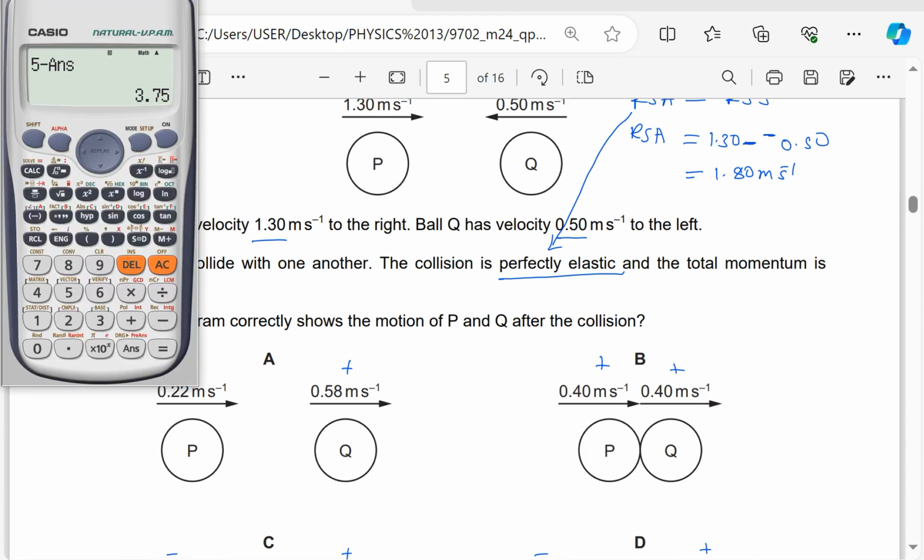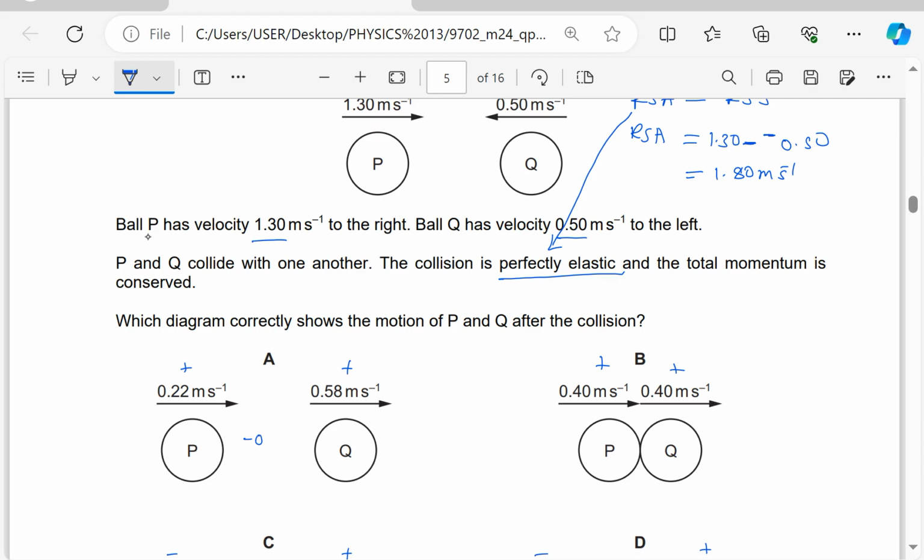So I will say 0.22 minus 0.58. I didn't put a negative because they are both to the same side. So this one is giving us negative 0.36. Even the magnitude is not the same.